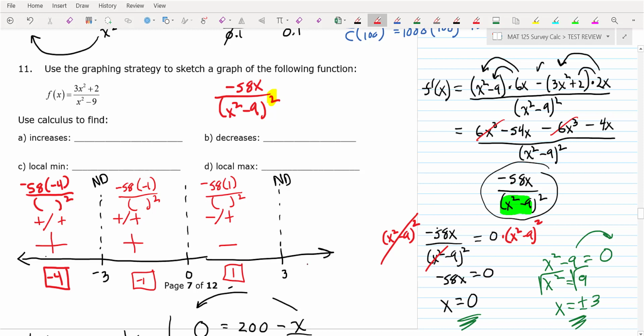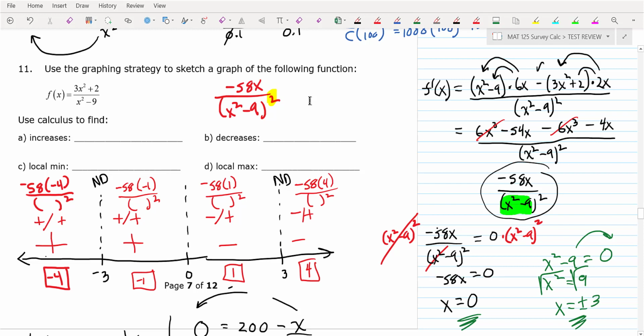Same thing will happen when you go past 3. If you go to 4, it'll be negative 58 times 4 over a positive denominator, so now it's negative over positive, so it's negative. Whatever you need to do, if you can do shortcuts, that's fine. You could even graph the derivative and trace it out if you had to.